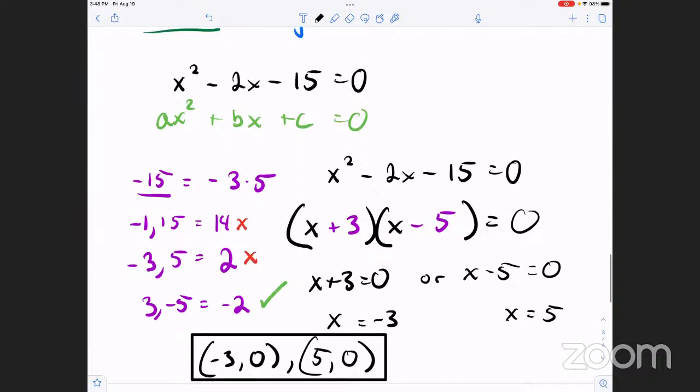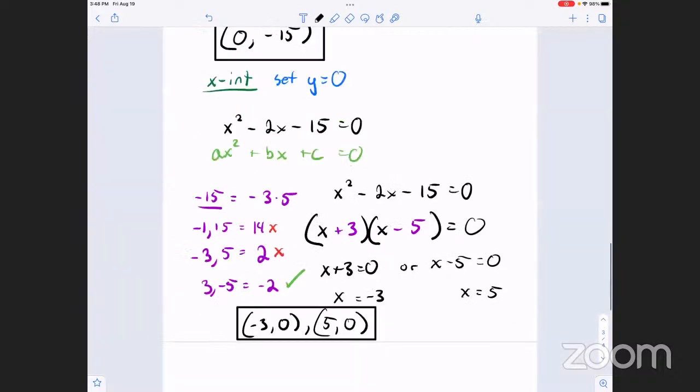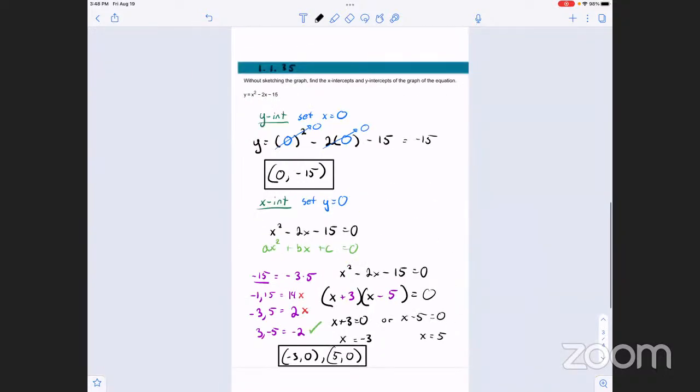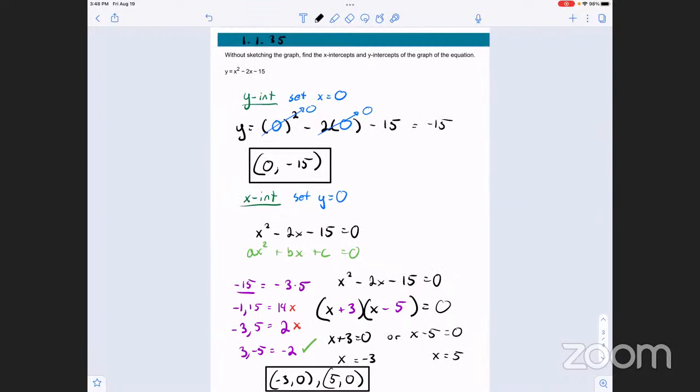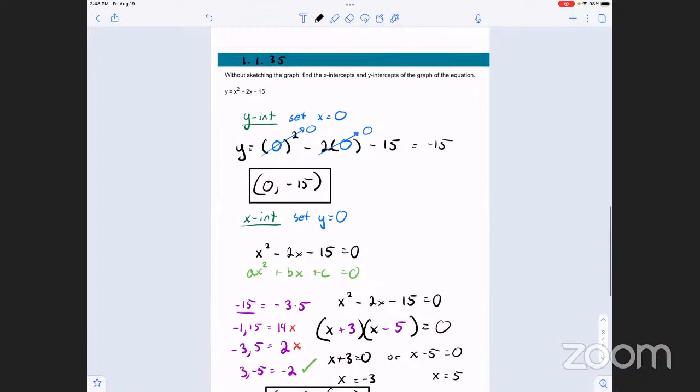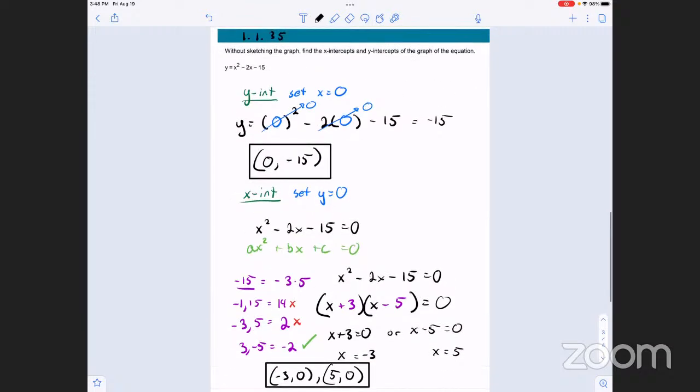And that's essentially the whole thing. Hopefully that made sense.